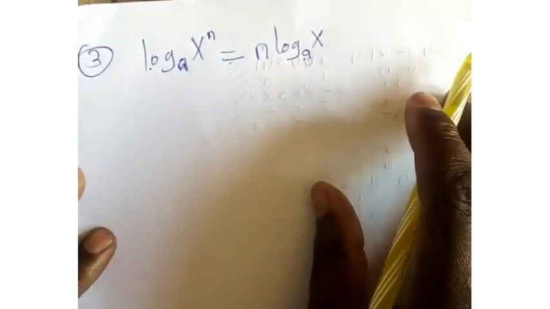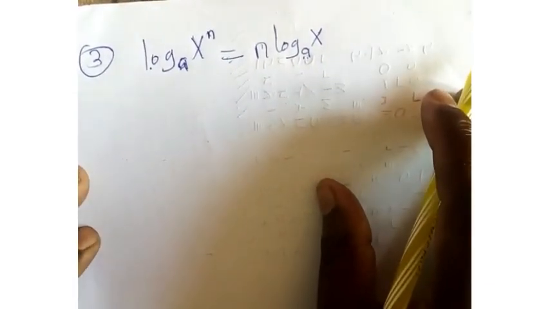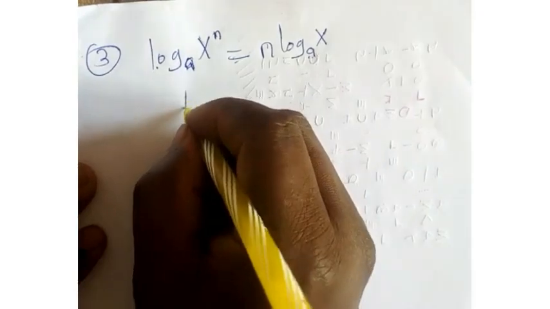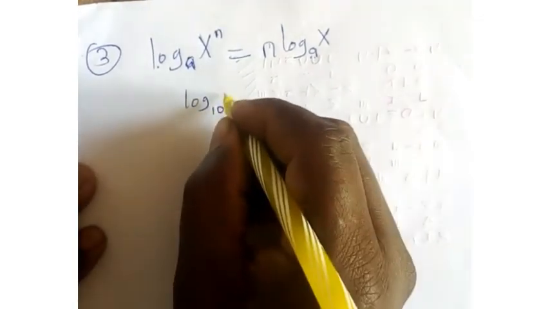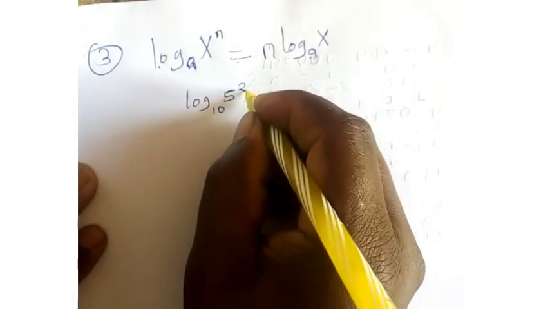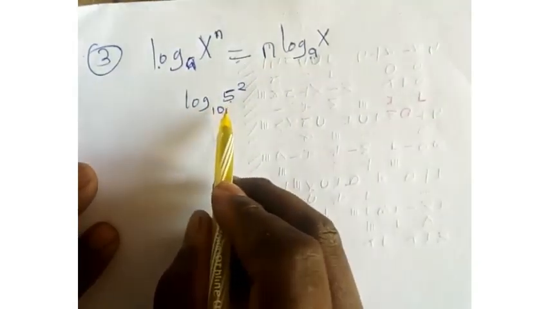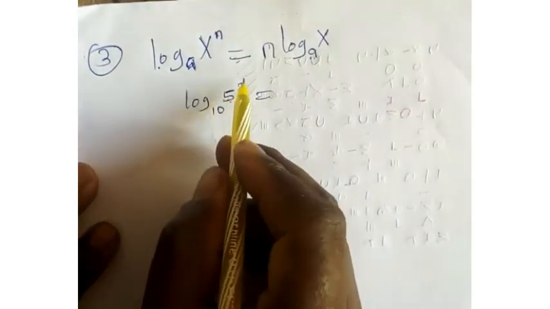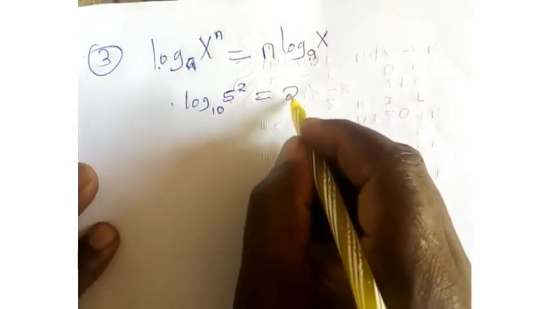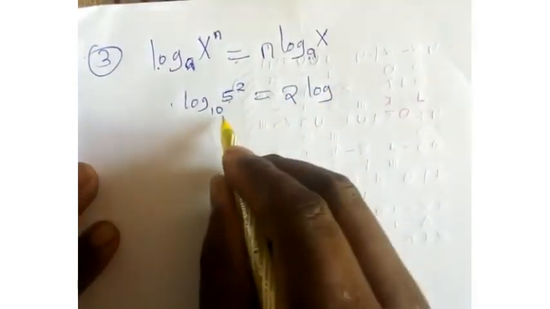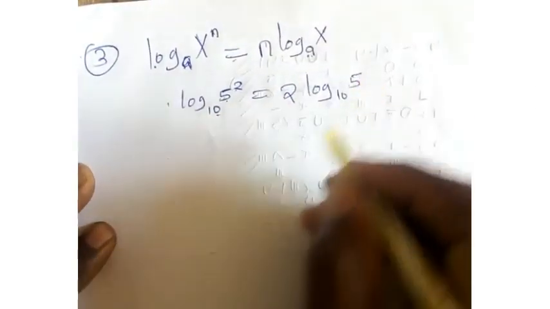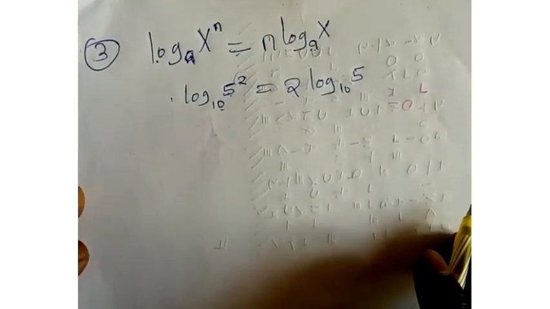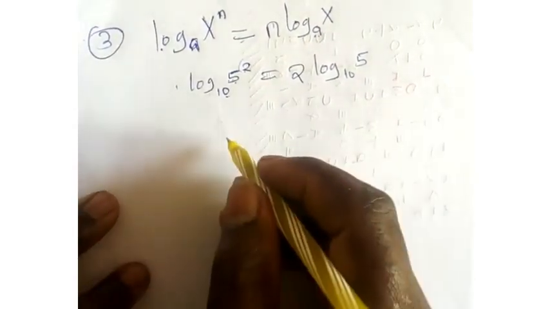Let me take an example so that you can see clearly. If I have log to base 10 of 5 raised to power 2, right? So this one is the same. The power here, you put it here. So we have 2 log base 10 of 5. Very important.